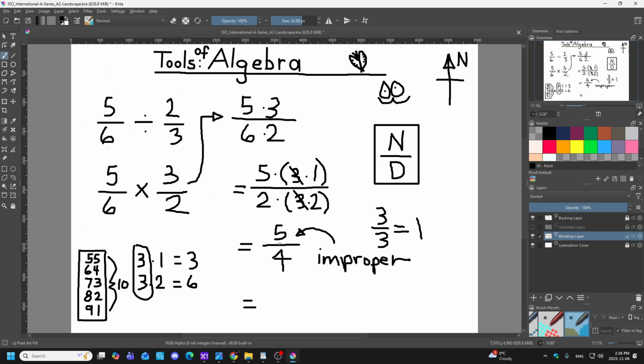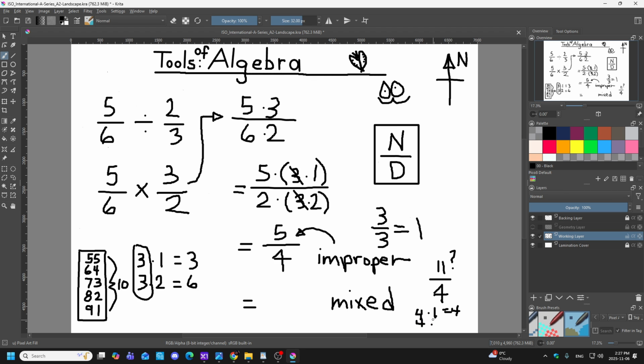But how do we change our improper fraction to a mixed fraction? That is easy. So I'll give you a quick example. Let's say we had 11 divided by 4. How many times does 4 go into 11? Well, what we want to do is make multiples. If we go 4 times 1, that's 4. That's too low.